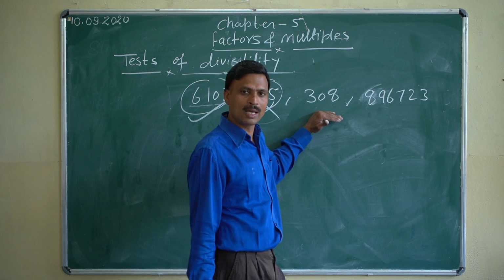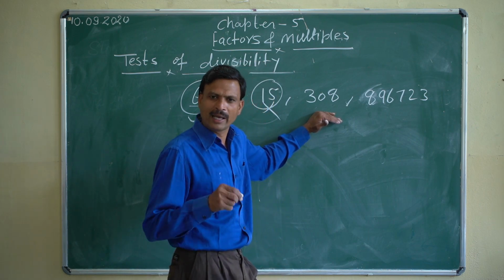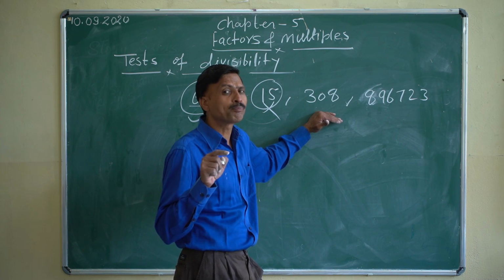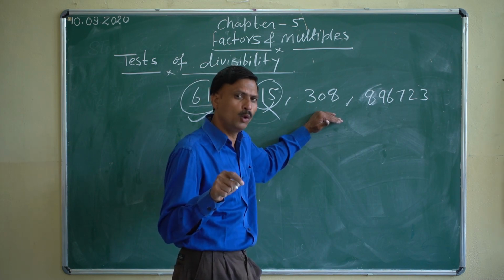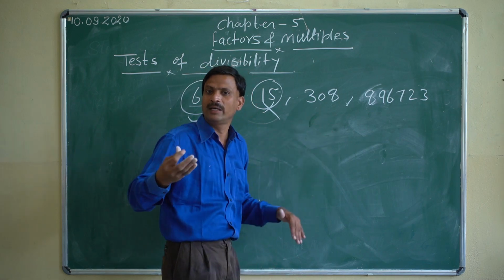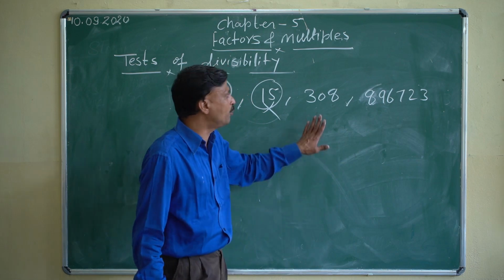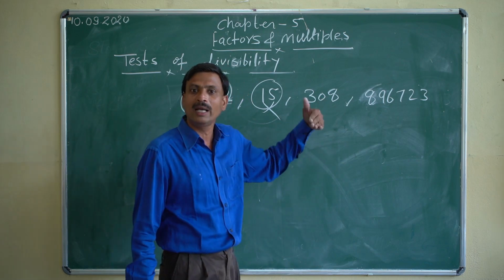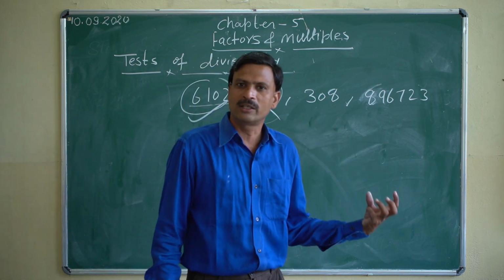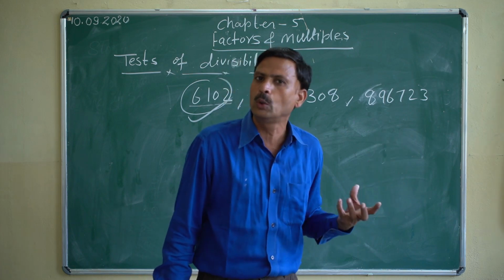Now come to the next number. What is the next number? 308. So this 308 is definitely divisible by 2. Why is it divisible by 2? Because the unit place digit is 8. But this 308 is not divisible by 3. Why not? Because the sum of the digits is coming 11: 3 plus 0 plus 8 is equal to 11.